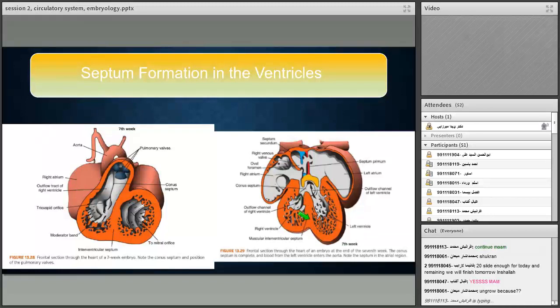Some of the scientists call that the fifth place. So these two parts won't attach to each other. There would be a cleft between these two. Or maybe, for example, a cleft will remain here, at the upper side of this septum.